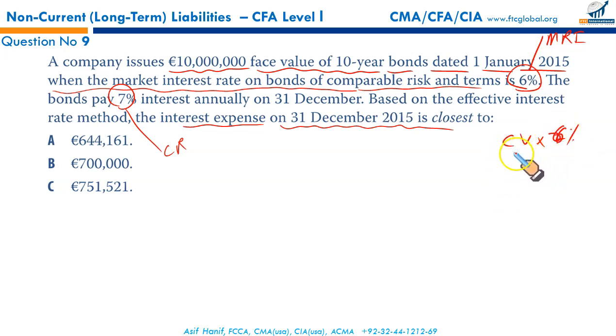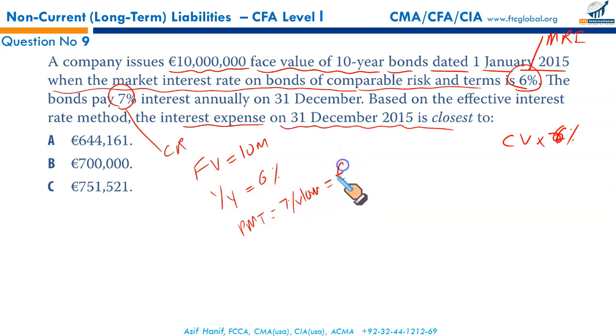So we do not have the carrying value. For that, we need to calculate the value we'll receive at the issuance of the bond. So FV is equal to 10 million. The rate we use for discounting is 6%. The payment of interest is calculated on coupon. It's 7% of 10 million, that is 700,000 euros, and N is equal to 10.